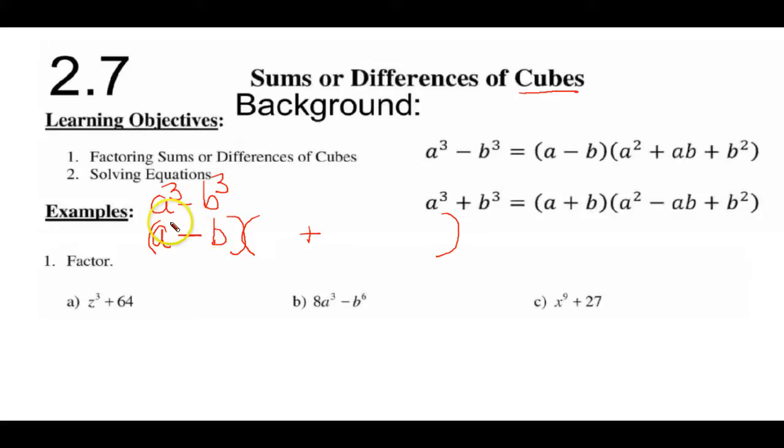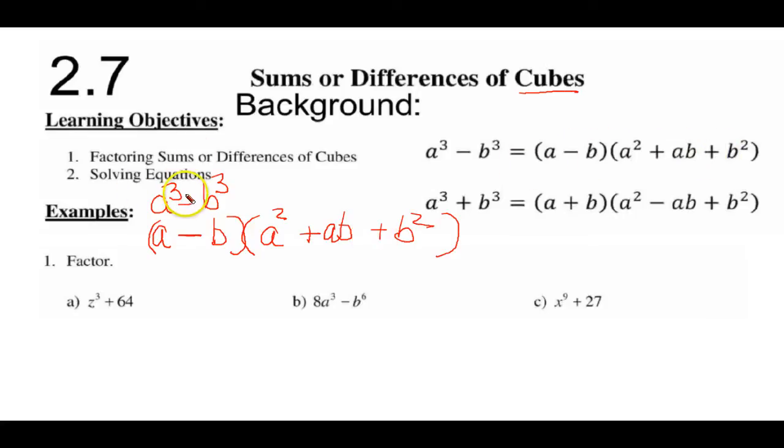Now, the next stage is you square this term and put it here. Next, you multiply these 2 together, disregarding the sign, because you already know the sign is going to be positive, and that's going to be ab. And then you square this term, which will be b squared. Hopefully you've copied that down.